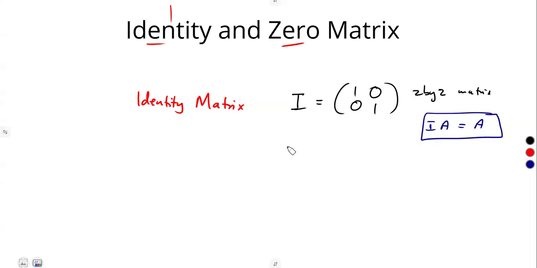The inverse of a matrix is given by this presentation, a to the exponent of negative 1. That means the inverse.